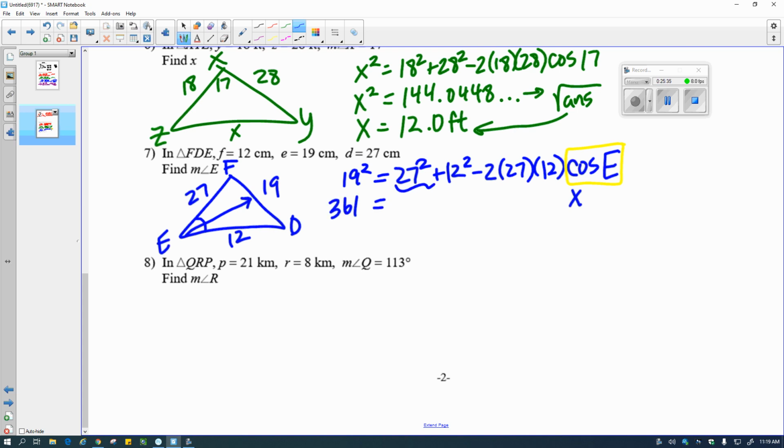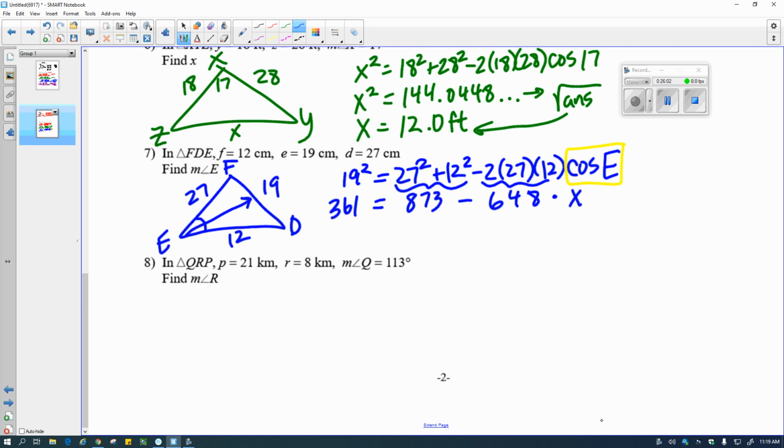I'll figure out what 27 squared plus 12 squared is. And I got 873. And then I'll figure out what negative 2 times 27 times 12 is. And that's negative 648 times x.